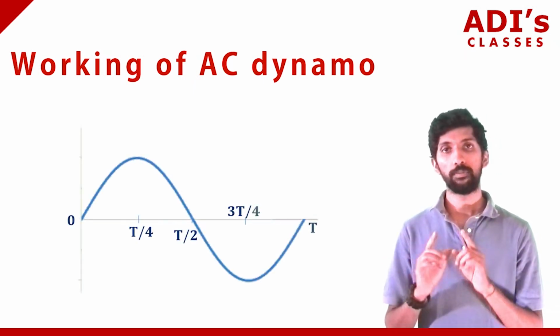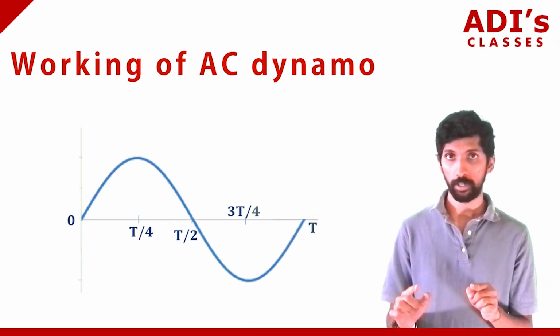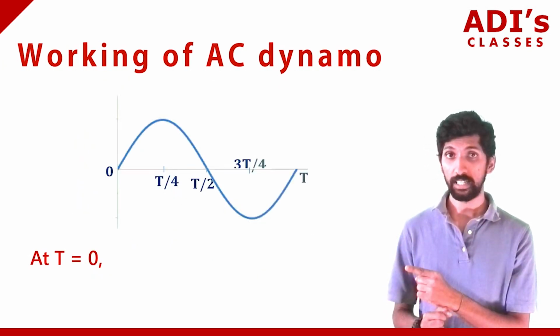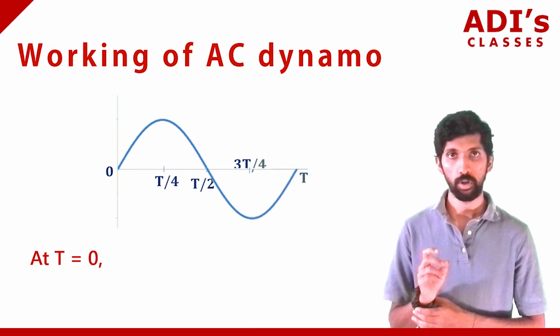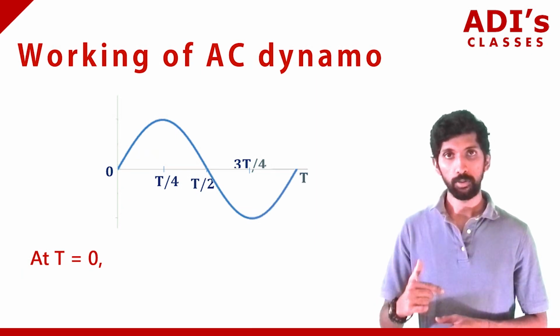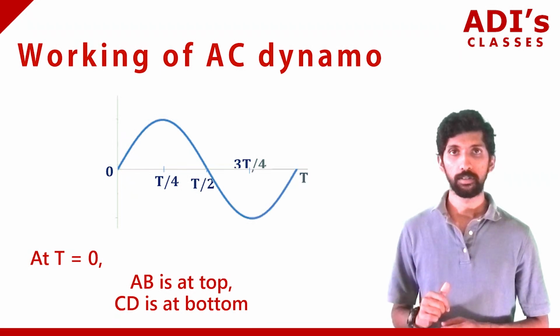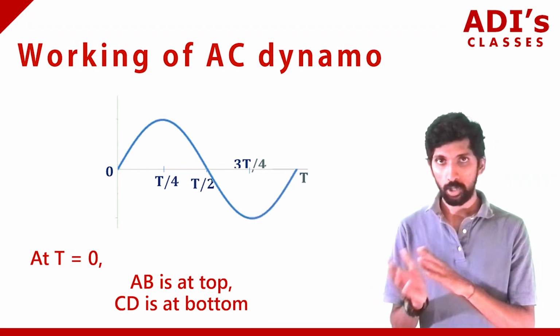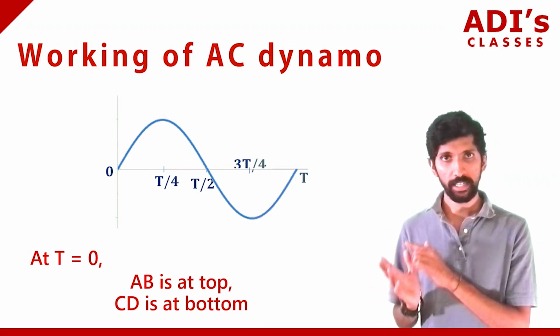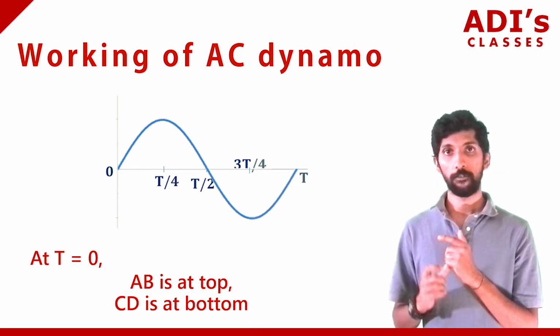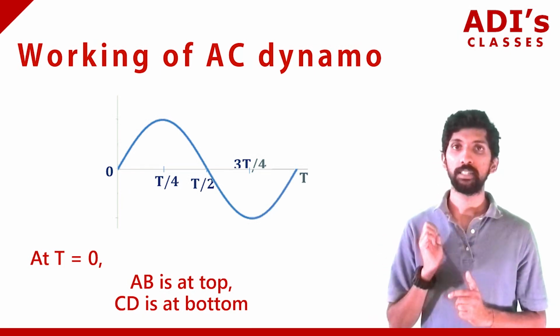Now from 0 to T by 2, AB is at the top and CD is at the bottom at t equals 0. At T by 2, AB will be at the bottom and CD will be at the top. At t equals 0, the flux linking with the coil will be 0.